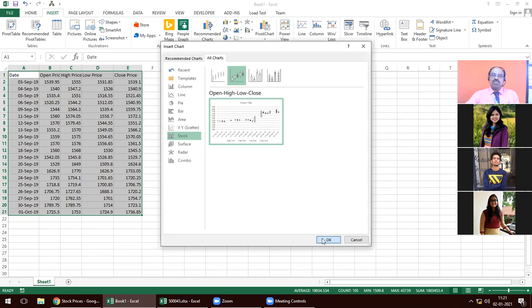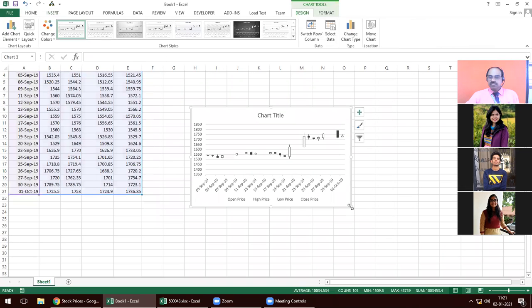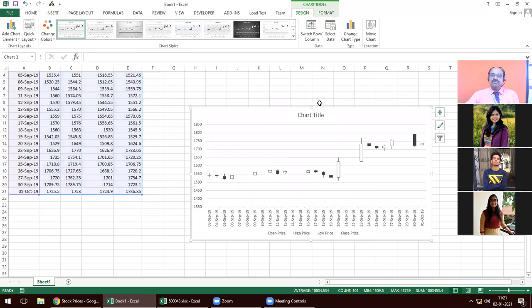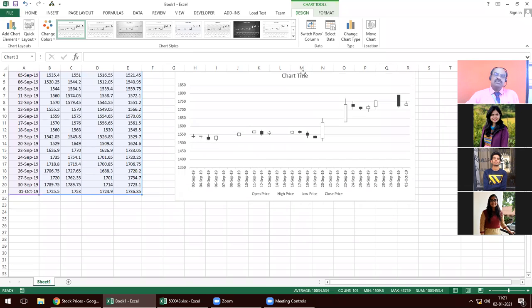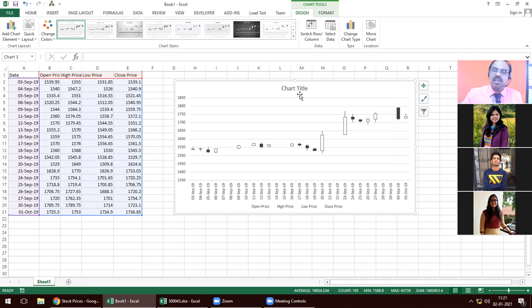Okay, then you can go for okay. I think the company we have prepared for Madhumida is Bata, so I'm changing it to Bata Limited.